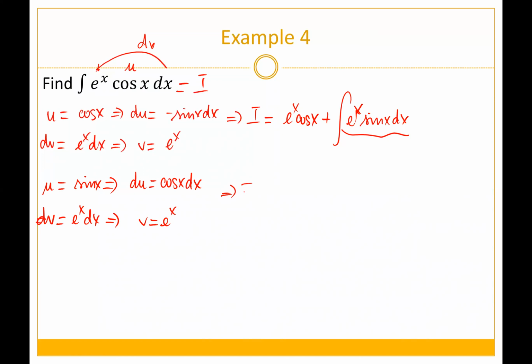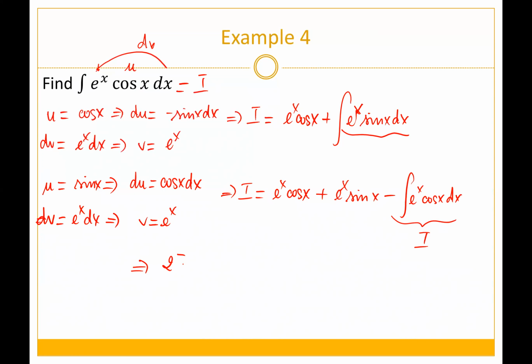So now your I is going to equal e to the x cosine x, let me rewrite it, plus e to the x sine x minus the integral of e to the x cosine x dx. Now from here, at this point, you don't do integration by parts anymore because now it comes back to your initial integral. This is just I. So we're just going to take this I over here.